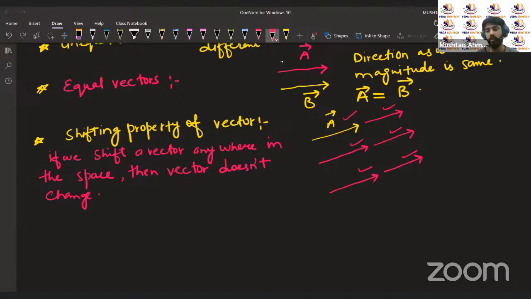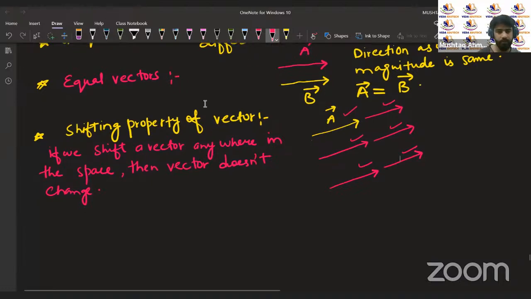That is one of the important properties of vectors that we use in the rest of the chapters, as well as in vectors, to solve many of the questions using this property only. That's one important property.